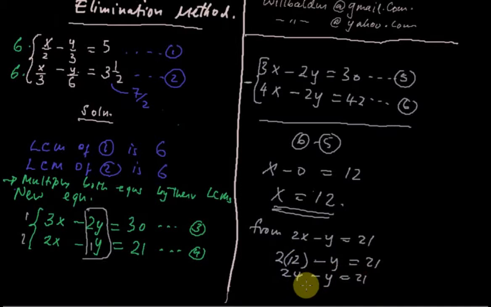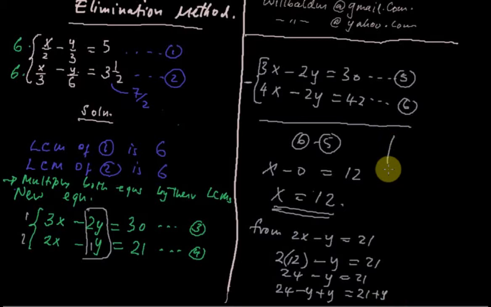And what do I do here? I can shift y to the other side so that I can finish things easily. I do 24 minus y plus y, so I added y here, equal to 21 plus y.